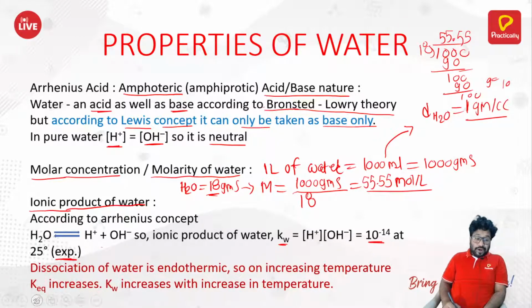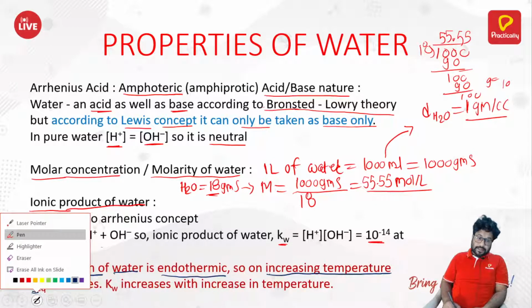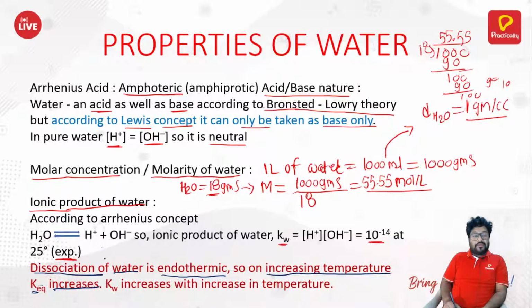Okay, now one more thing. This dissociation of water is endothermic. So on increasing the temperature, K equilibrium will surely increase. Since K equilibrium increases, Kw will surely increase, because Kw is equal to K equilibrium multiplied by water.